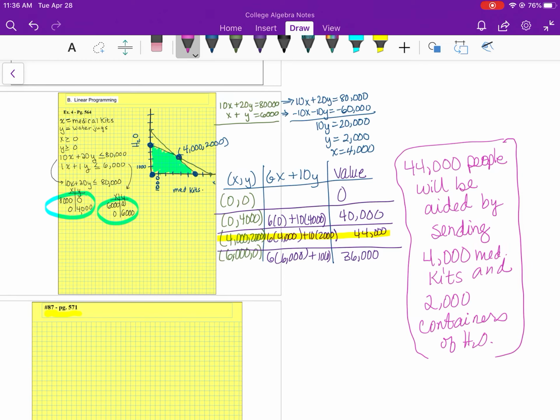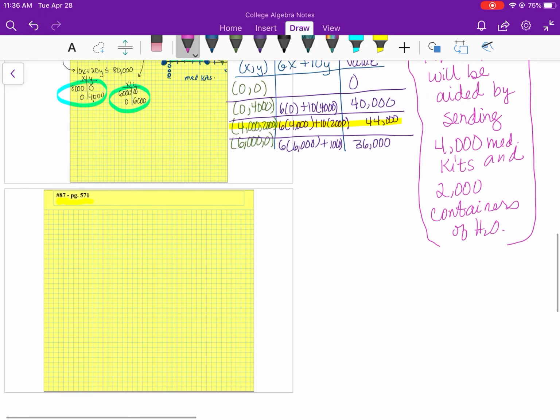We're going to do another one. We're going to set up number 87, which is on page 571, so you can see how that one works as well. Okay, it says an office manager wants to buy some filing cabinets.